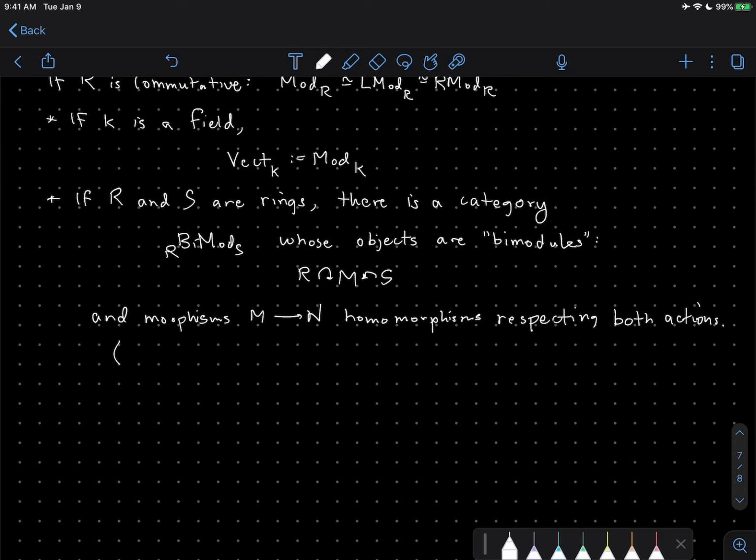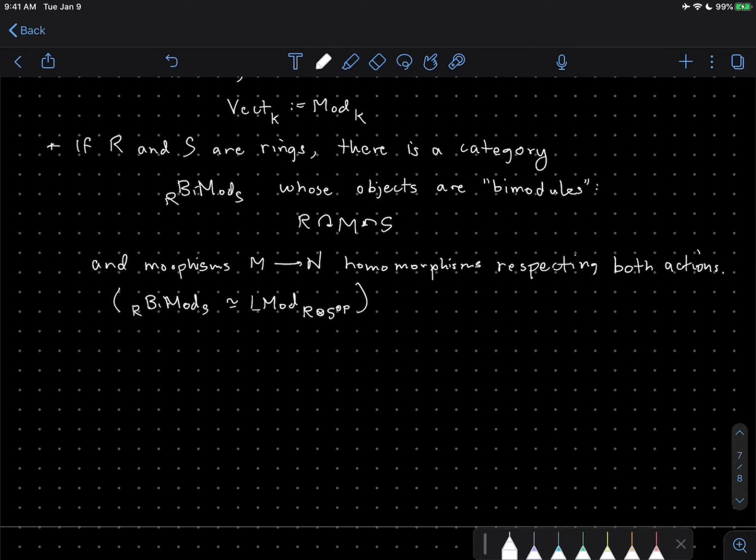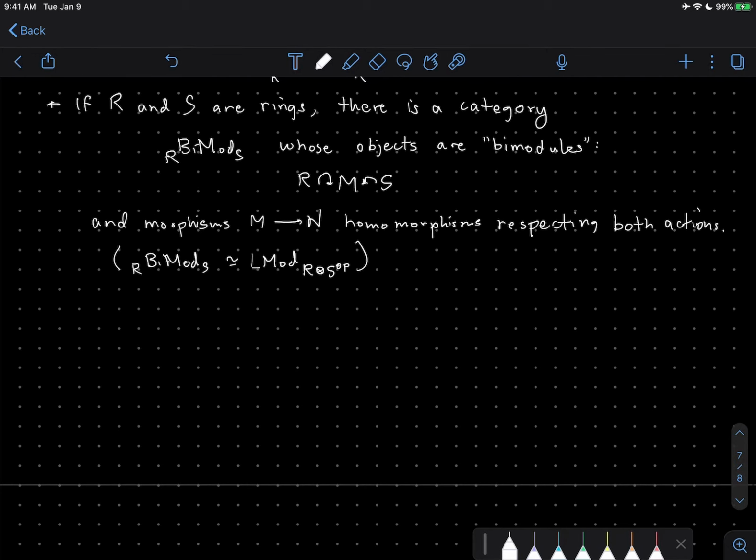It happens to be true that the category of RS bimodules is equivalent to the category of left modules over the ring R tensor S op. I may have gotten that backwards, but I think that's correct. All right, now here's an important example of a very different flavor.